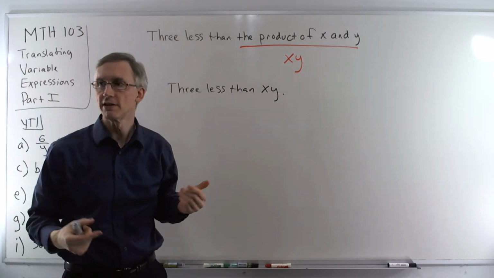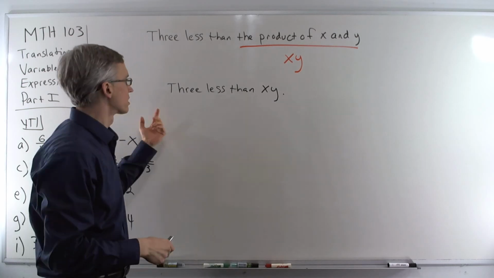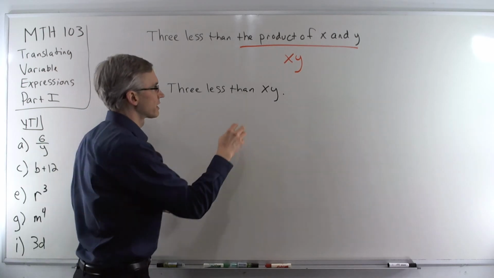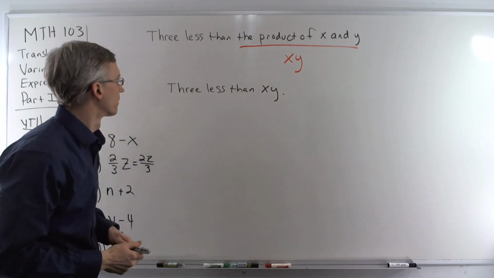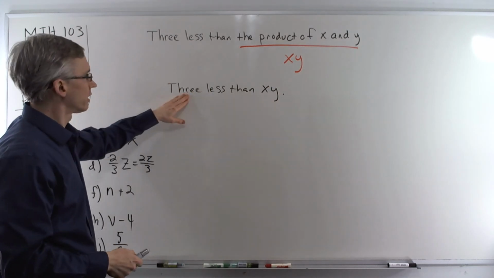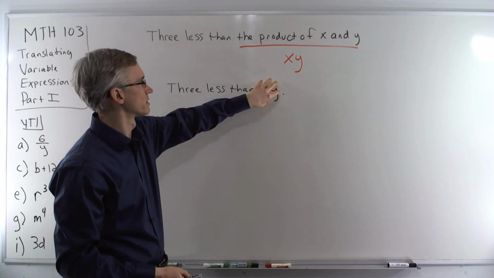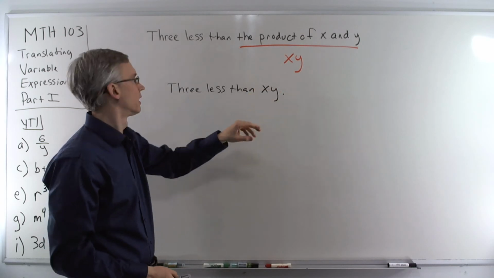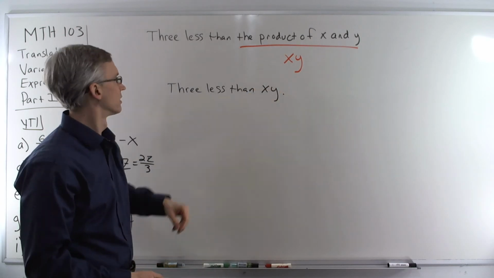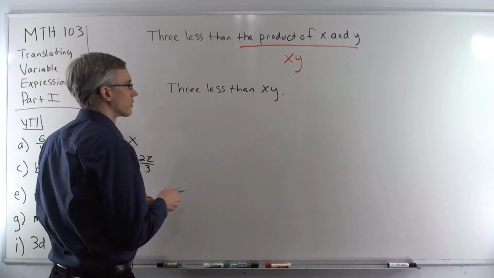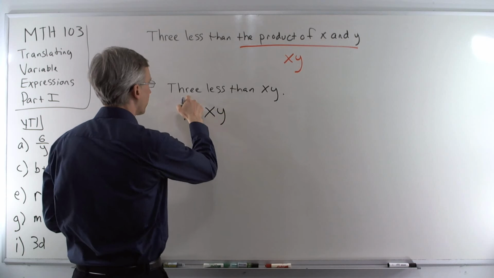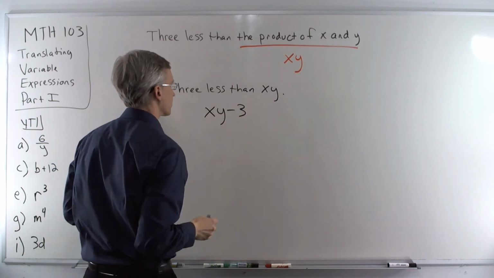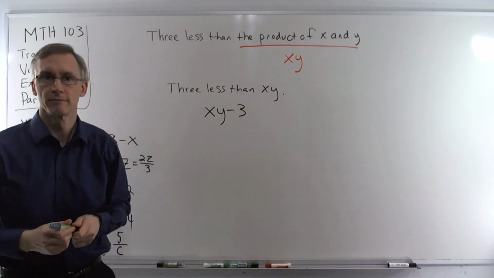And this is very similar to a simple expression if we consider this to be one thing. Then we've got one number here, and we'll just call this a variable here, and one operation in between, less than. So 3 less than xy, we're starting with xy, and we're removing 3 from it. So that is xy minus 3.